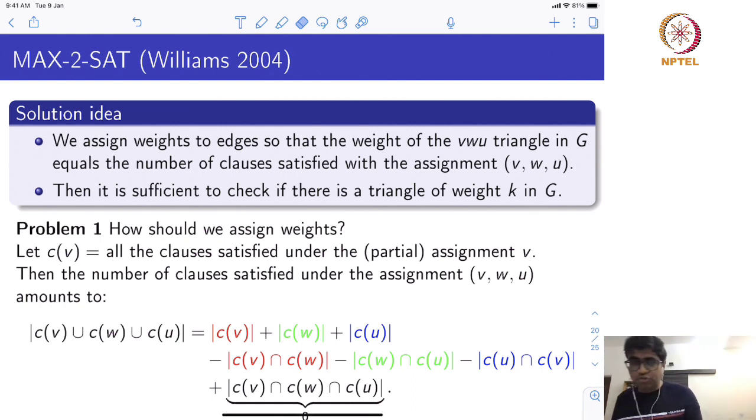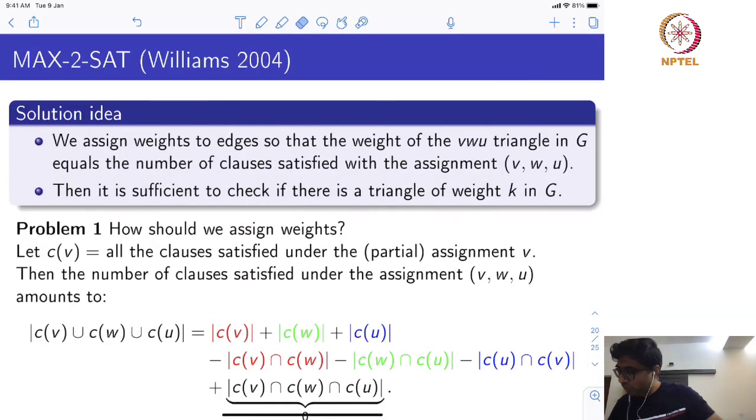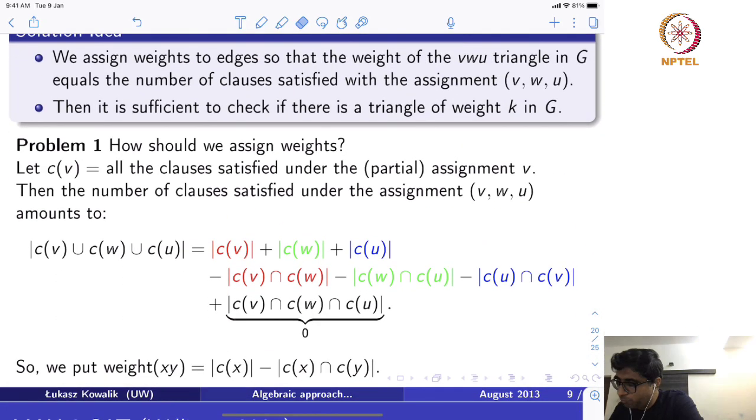So basically, whichever is the largest index, you assign the value of that and you subtract. That's it. Okay. So this is how you can. So you put the weight of xy as C_x minus C_x intersection C_y. This is how you put it.